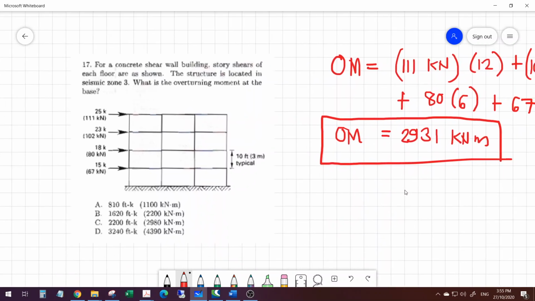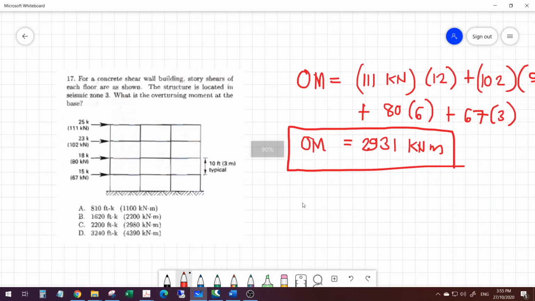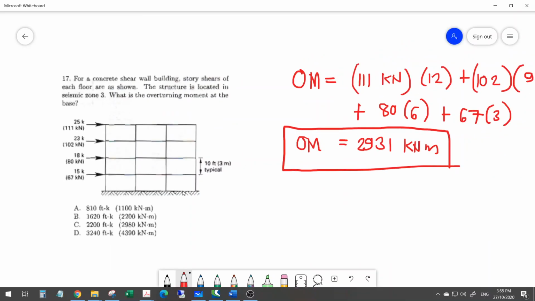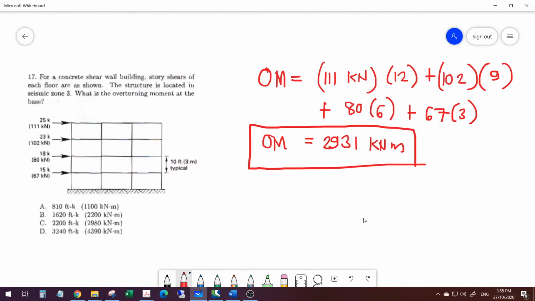So you need to simply, by mechanics, multiply each force with their lever arm.